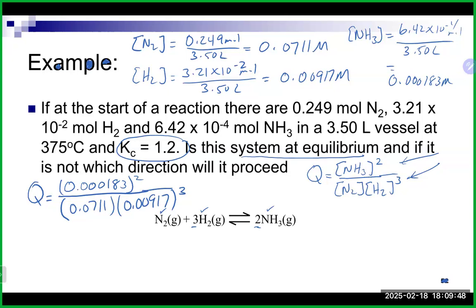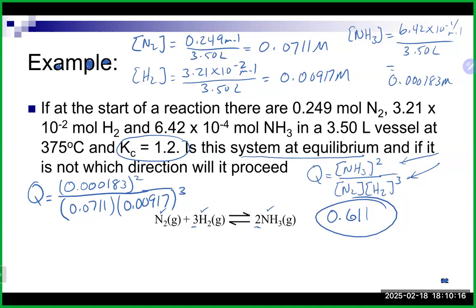Let me double check mine here. There we go. Divided by 0.0711 and 0.00917 cubed. I think we end up with 0.611, we'll call it here, as our Q in this case.